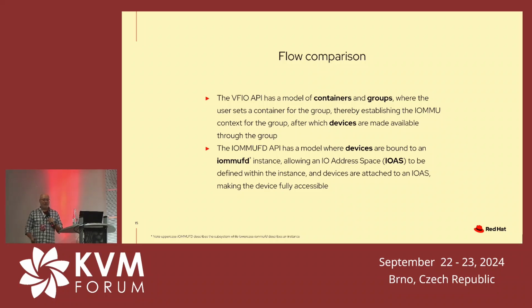That allows you to bind the device to the IOMMUFD, and therefore you can create IO address spaces, IOASs, within that IOMMUFD. You can then attach the device to the IOAS, which again then makes the device fully accessible.